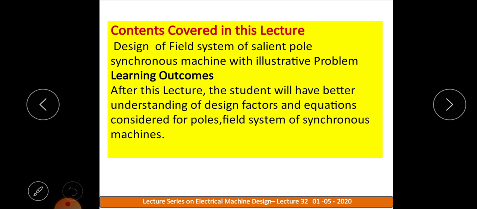So the student should have a better understanding of the design equations and concepts related to salient pole machine. For that purpose, the numerical problem example is taken, which they are going to understand and apply, and they will come to know the field system design of the synchronous machine.